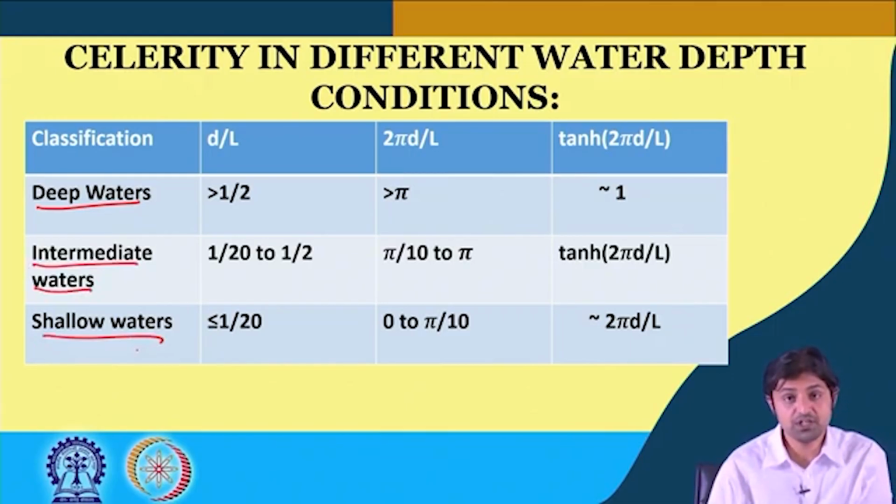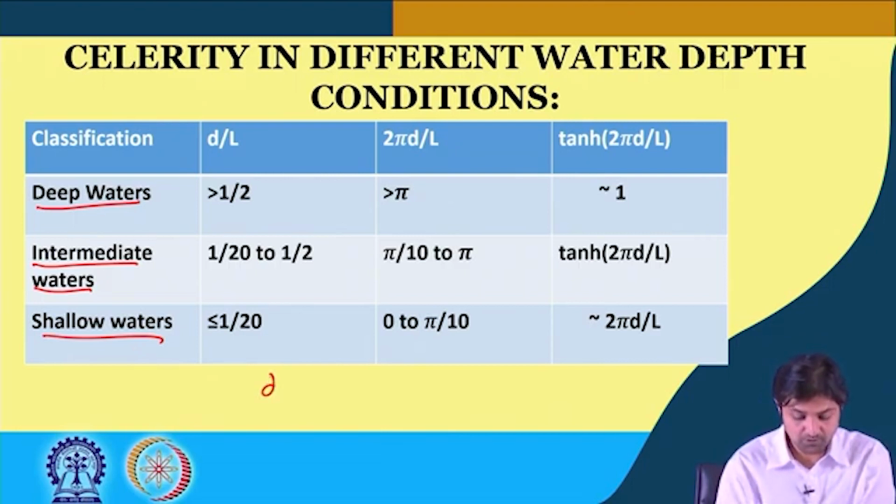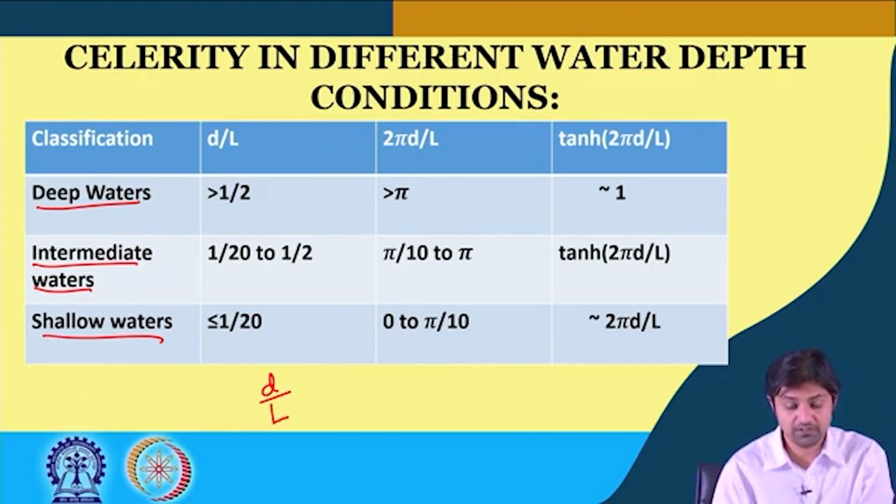So, what is the definition of deep water? Deep water means that the depth of the water divided by the wavelength of the wave, if it is greater than half, that means it is deep water.